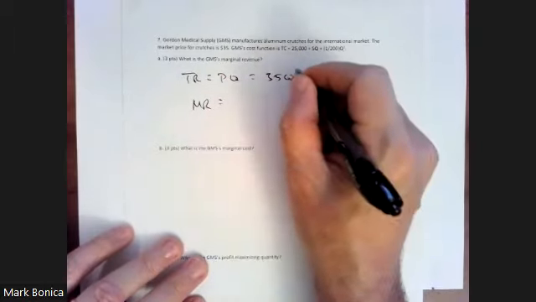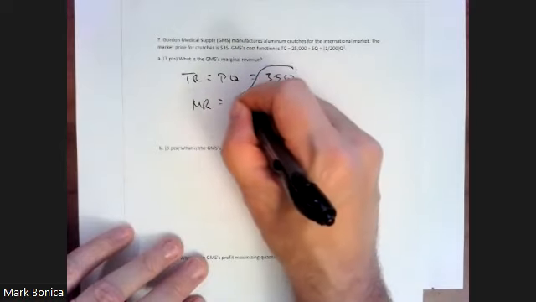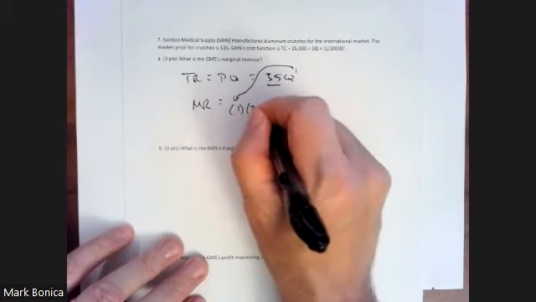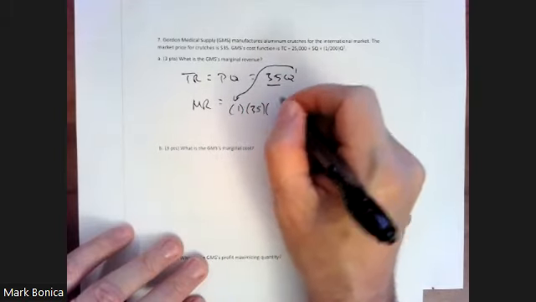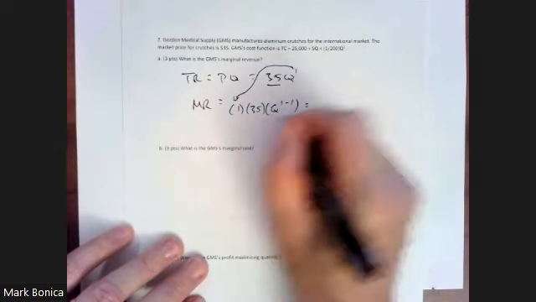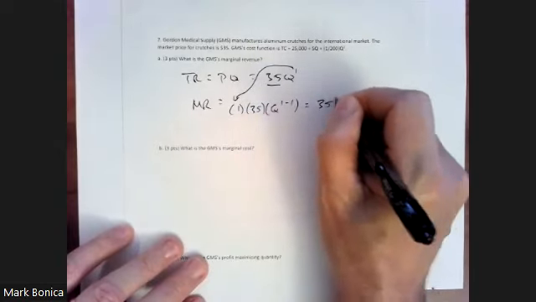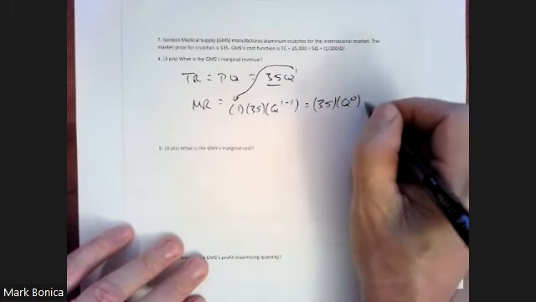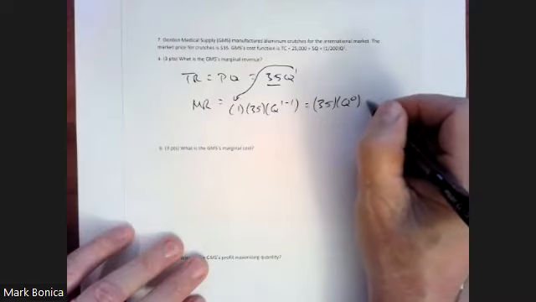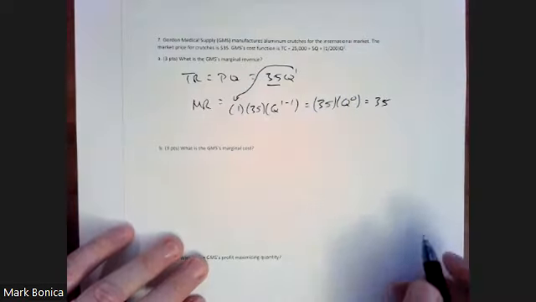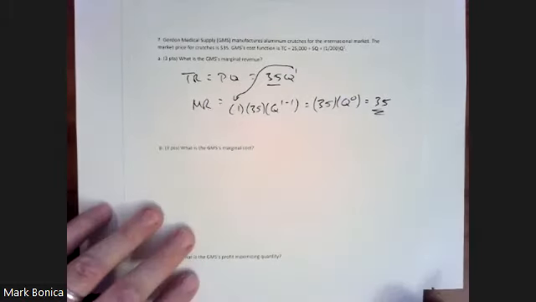So I bring the 1 down. Then I bring the constant down, 35 times Q to the 1 minus 1, right? Which is 1 times 35 is 35 times Q to the 0. Well, anything to the 0 is 1. So 35 times 1 is 35. So the marginal revenue is 35.